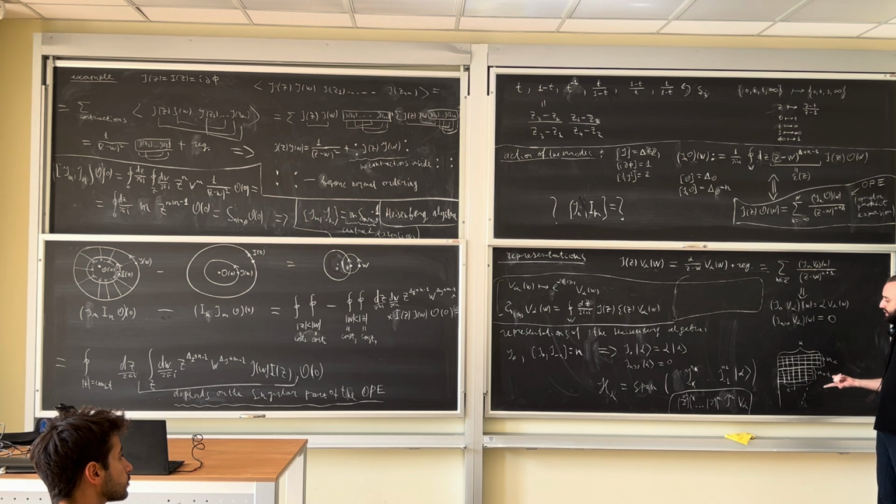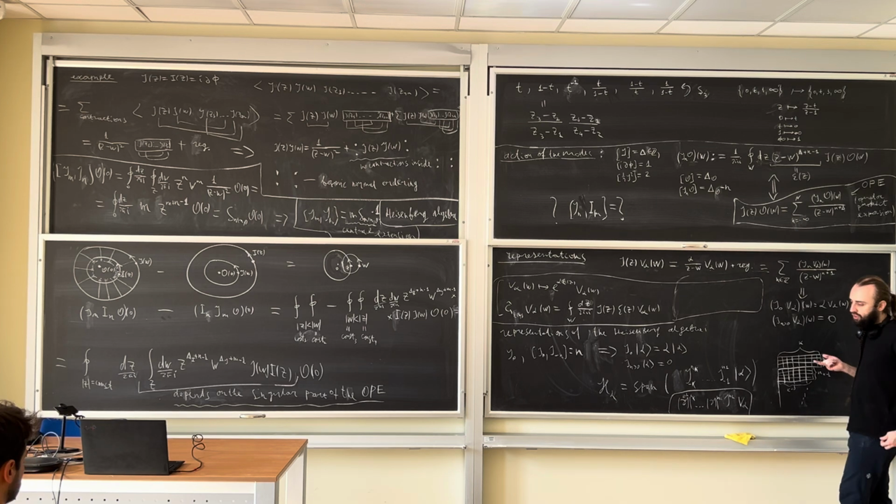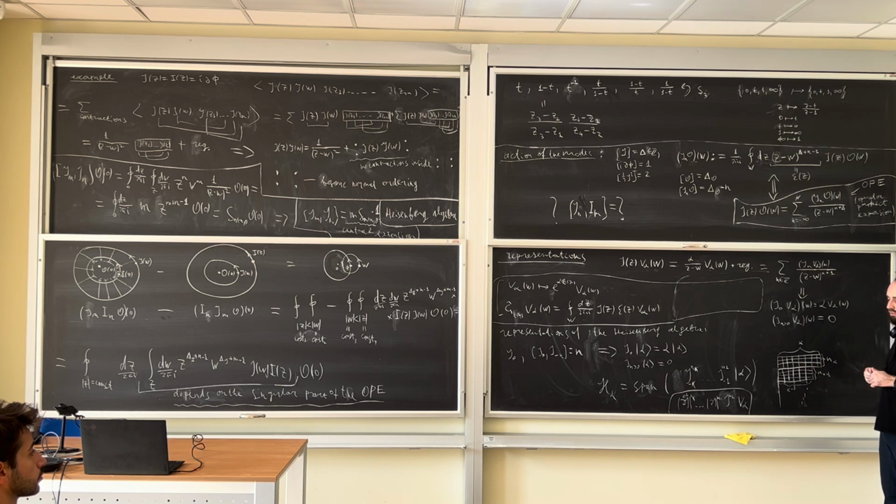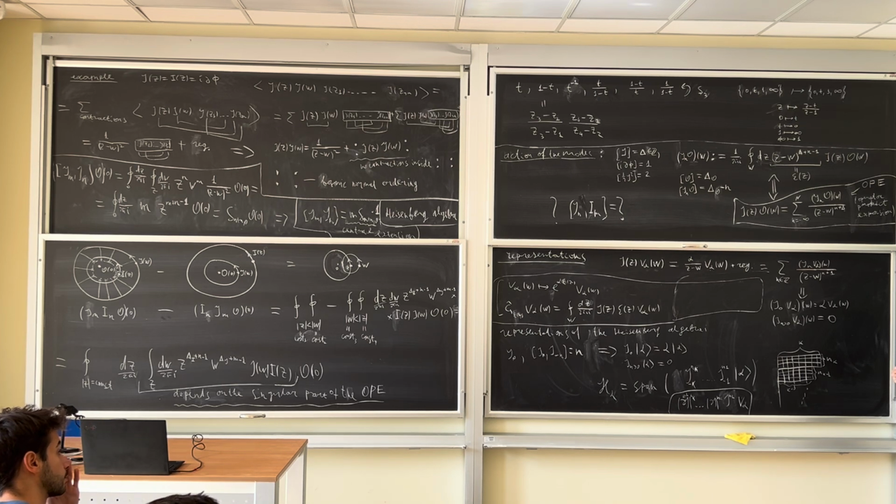And if you think about a generic field, I think it is the only field which we can imagine, because we have the exponential, which has some definite dimension. We can also combine it with some derivatives. In principle, we can put some j or derivative of j into the exponential, but if you compute correlators of such fields, you'll see some exponential of 1 over z minus w, something that has an essential singularity.